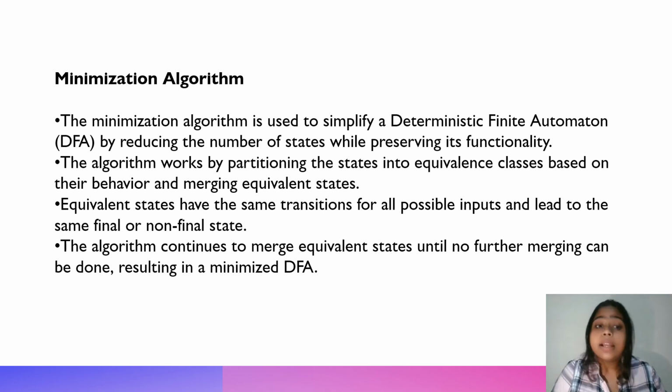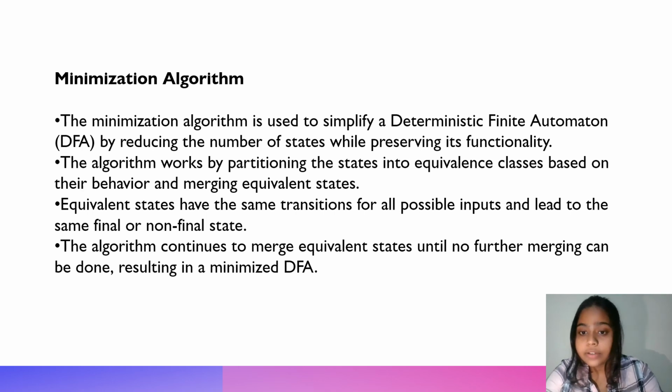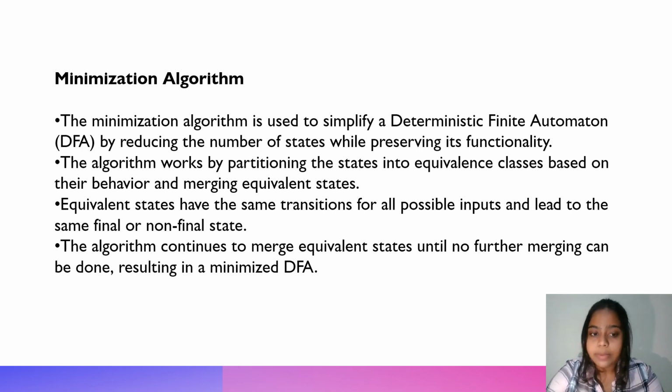The minimization algorithm is used to simplify a deterministic automaton by reducing the number of states while preserving its functionality. The algorithm works by partitioning the states into equivalence classes based on their behavior and merging the equivalent states.